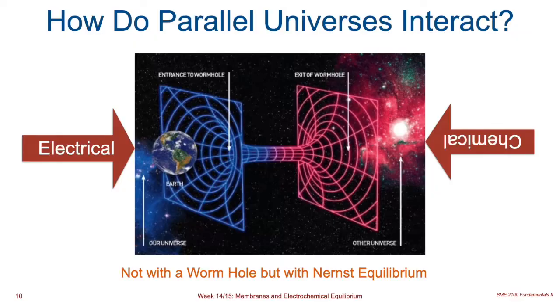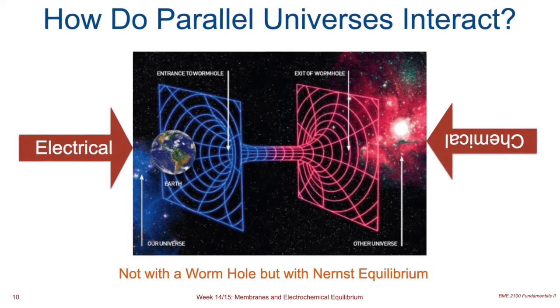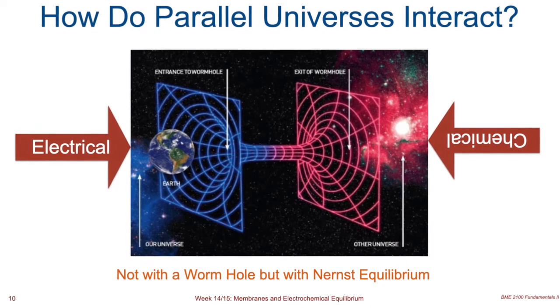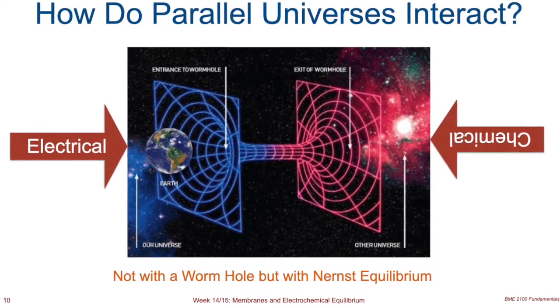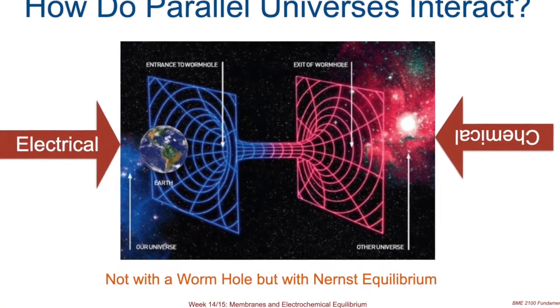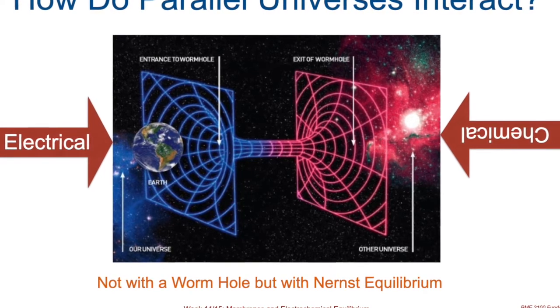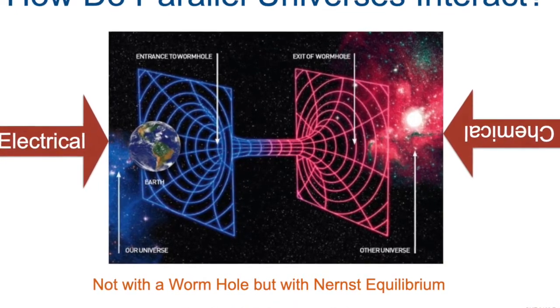So what does that parallel universe thing have to do with our situation? Well, here's an image of this sort of parallel universe that has, supposedly, a wormhole, as the movie will explain, that connects the two universes. And it's not quite that metaphysical, of course, in our situation. There's a pretty clear connection between the two, but you can almost picture there's two universes and then try and say, how could they possibly be in equilibrium?